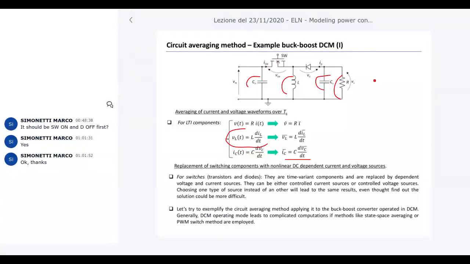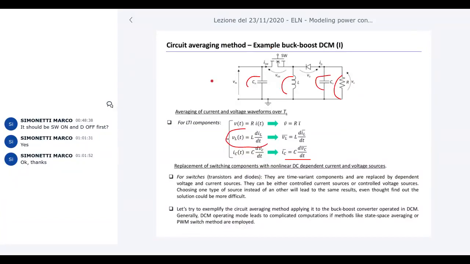Remember that buck boost is related to the boost, and so it has the same problem in CCM, the problems that I highlighted by looking at the state space average. The example I gave you in that situation was the boost CCM, zero in the right half plane, etc. The same happens for the buck boost. So the boost and the buck boost are typically employed in DCM.